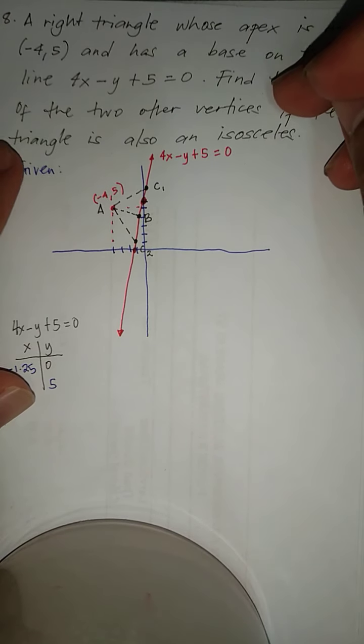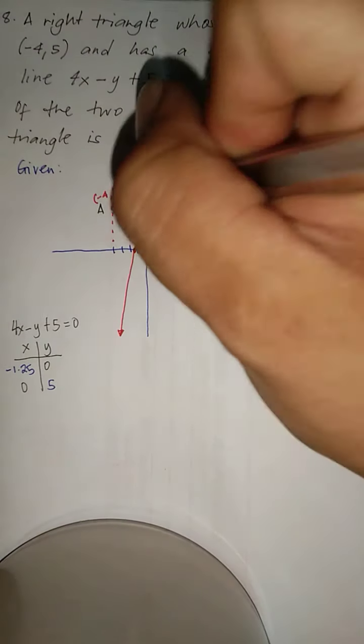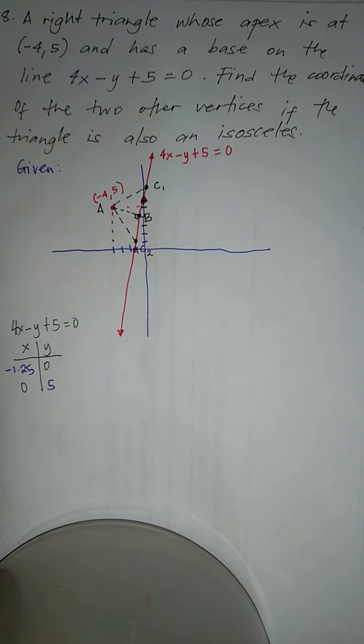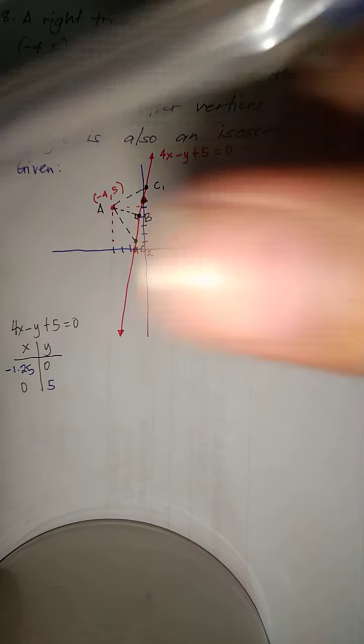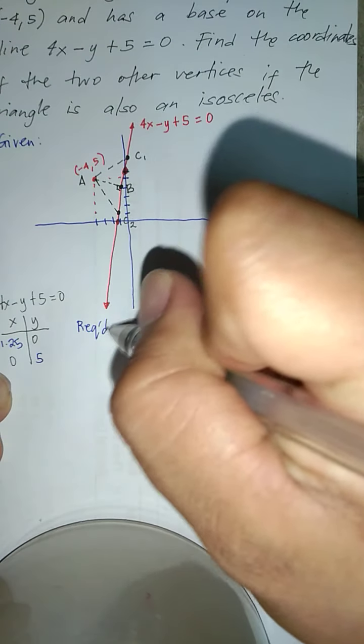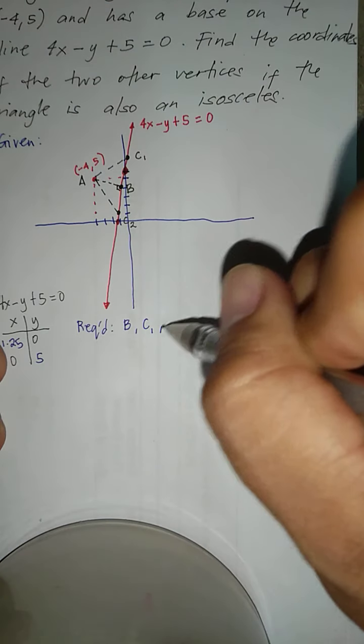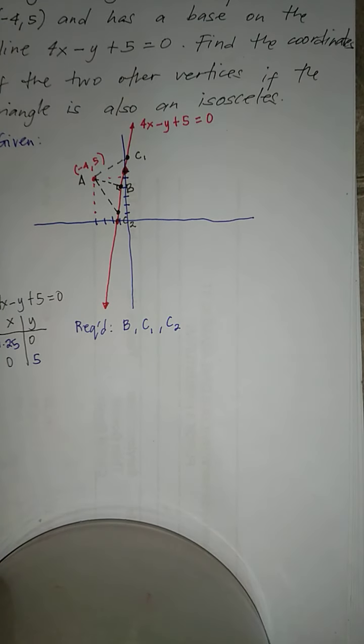Now, what is required? This angle is 90 degrees. What is required is to find the coordinates of the two other vertices. So the required are the coordinates for B, for C1, and for C2.